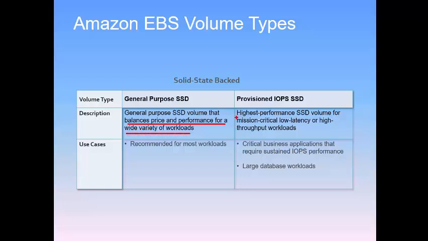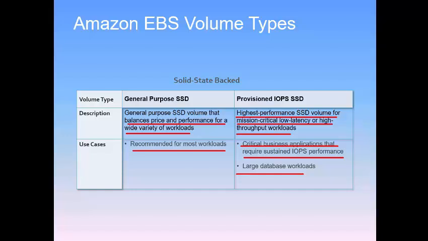Provisioned IOPS is the highest performance volume for mission critical, low latency, high throughput workloads, such as critical business applications that require sustained IOPS and large database workloads. As I told you in the beginning, I will show you the complete difference with the help of a table also, so that you can easily compare.